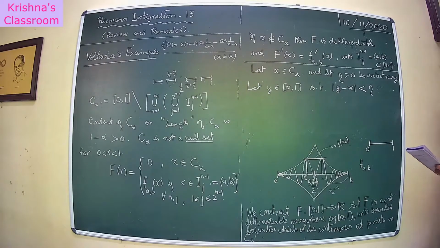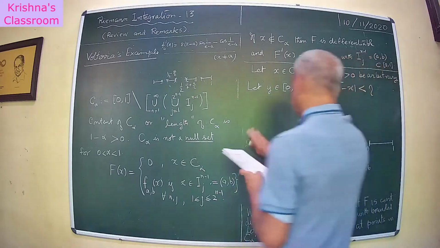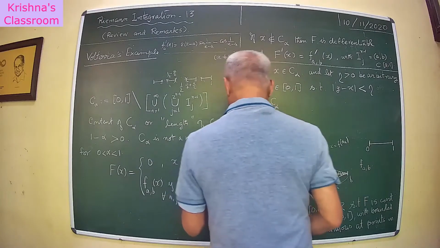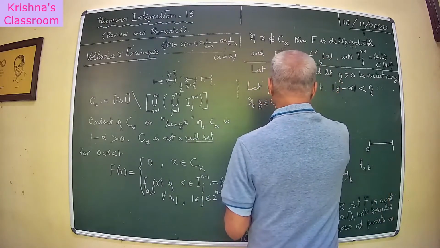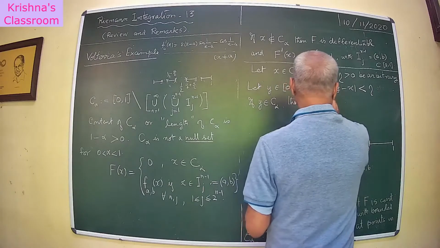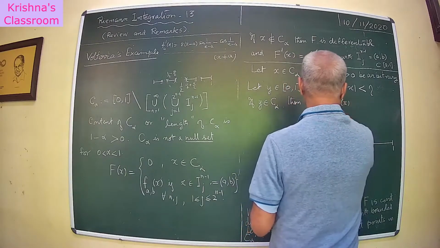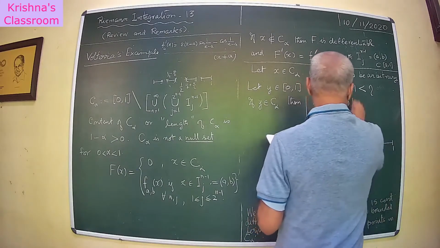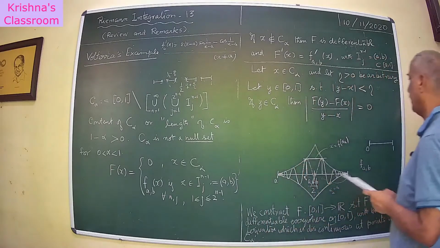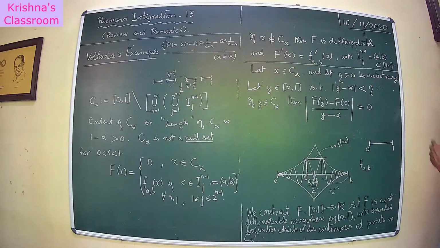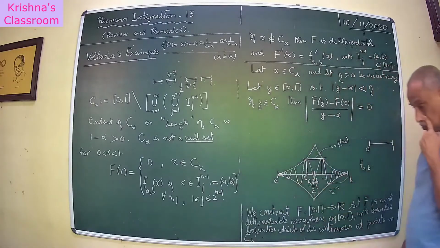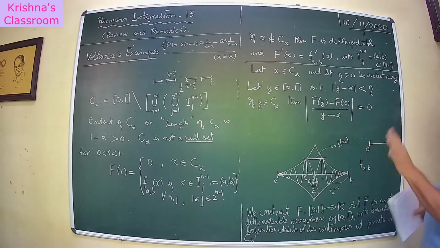If y belongs to C alpha, then (F(y) minus F(x)) divided by (y minus x) is equal to 0, because both F(x) and F(y) are defined to be 0. This is true, because eta is arbitrarily chosen and it's an eta neighborhood of x.